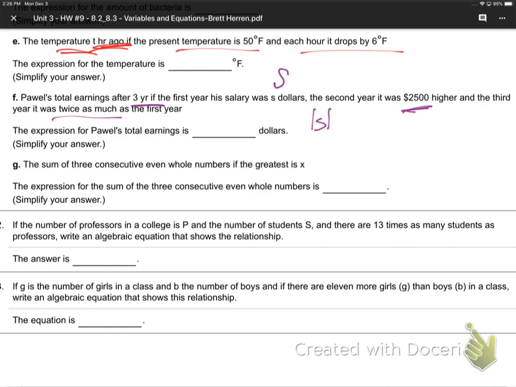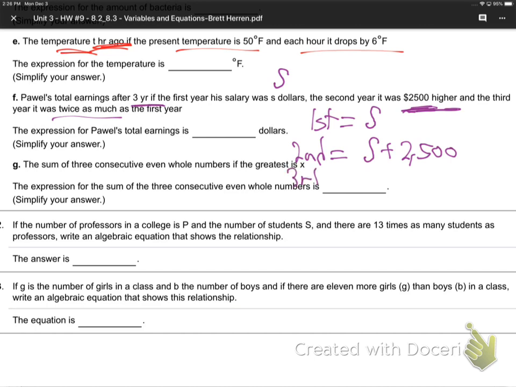All right, this should be easy. First year was S. Second year, 2,500 higher. What am I going to do with 2,500 higher? Add. S add 2,500, good.